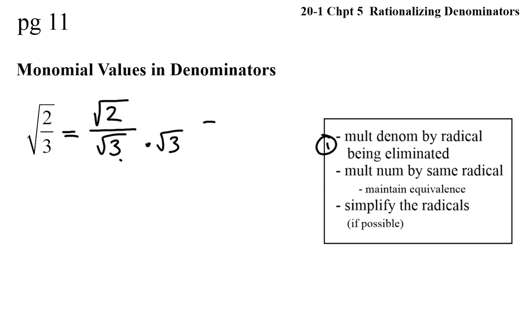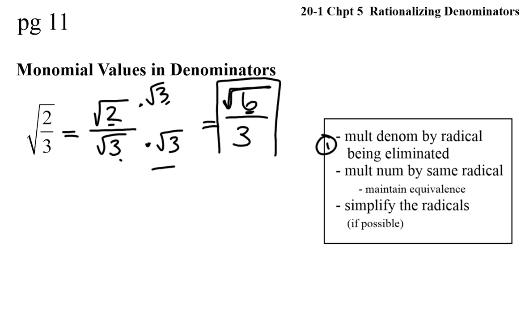Root 3 times root 3 gives us a 3. But to maintain equivalence, I need to multiply by root 3 up top. Root 2 times root 3, multiply the radicands, we get root 6. Can we simplify this? Root 6, 6 can't be broken into anything that can root out a power or a factor. So there is the better form because we now have a denominator that is a rational value.